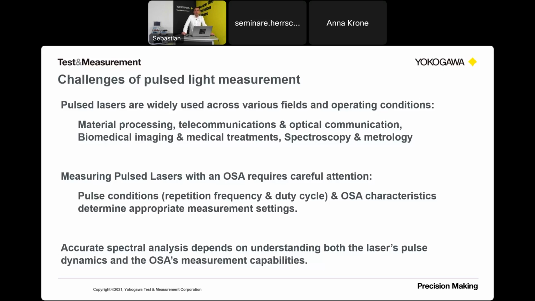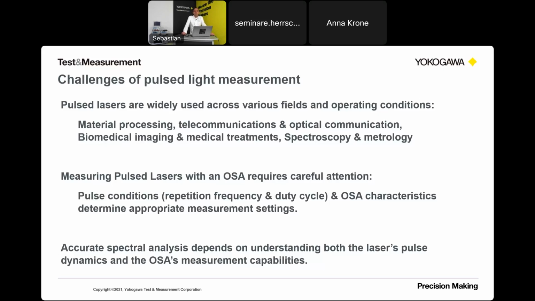When you want to measure these different kinds of pulse sources with a spectrum analyzer, you have to be careful and pay attention to the right measurement techniques and the characteristics of our devices so that you can perform appropriate measurements of your source.